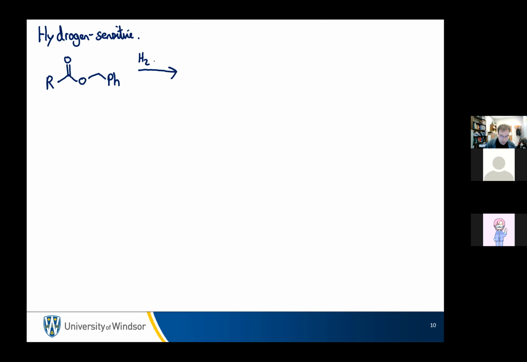Hydrogen, palladium on carbon. It's exactly the same reactivity we saw with the CBZ group.